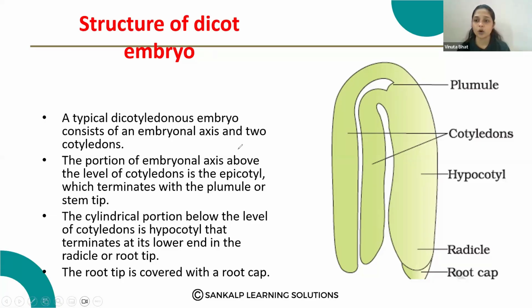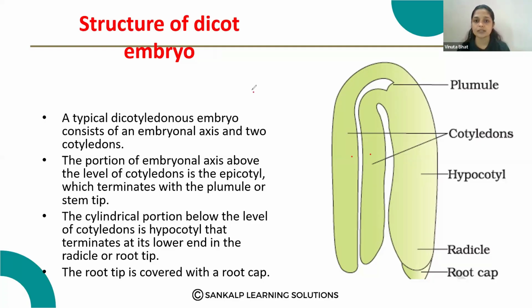So this dicot embryo contains the two cotyledons, you can see the two cotyledons here, and the embryonal axis. The portion of the embryonal axis above the level of the cotyledons is called the epicotyl.